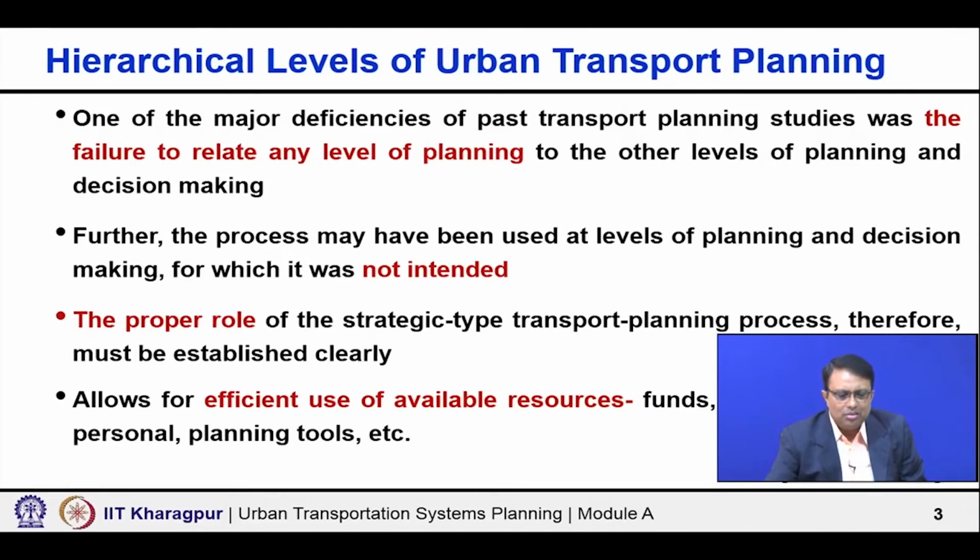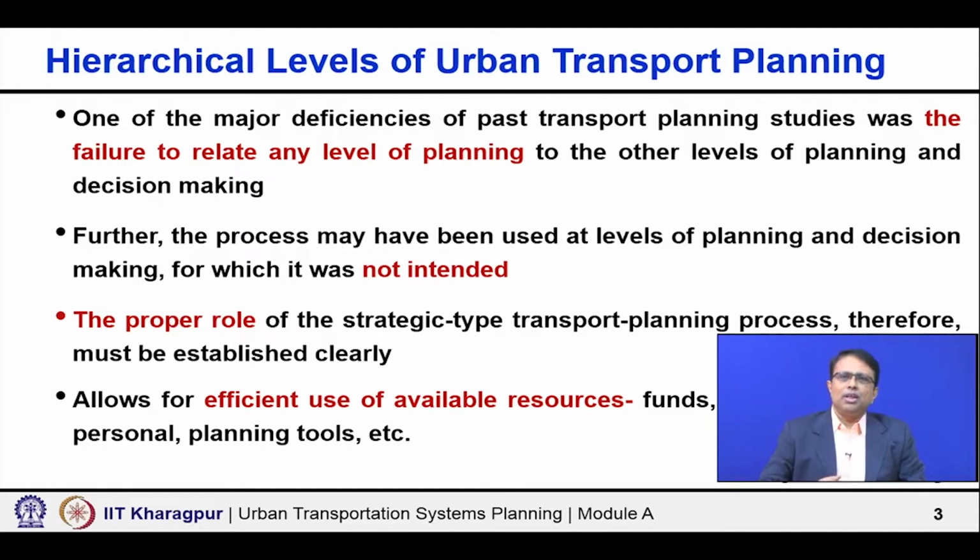Now, today we shall talk about hierarchical levels of urban transport planning. In past transportation planning, one major deficiency which was identified was the failure to relate any level of planning to the other levels of planning and decision making.